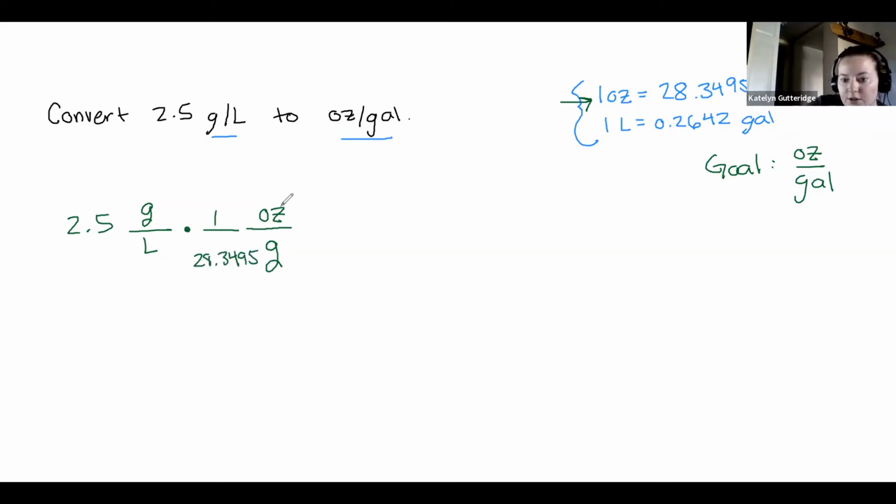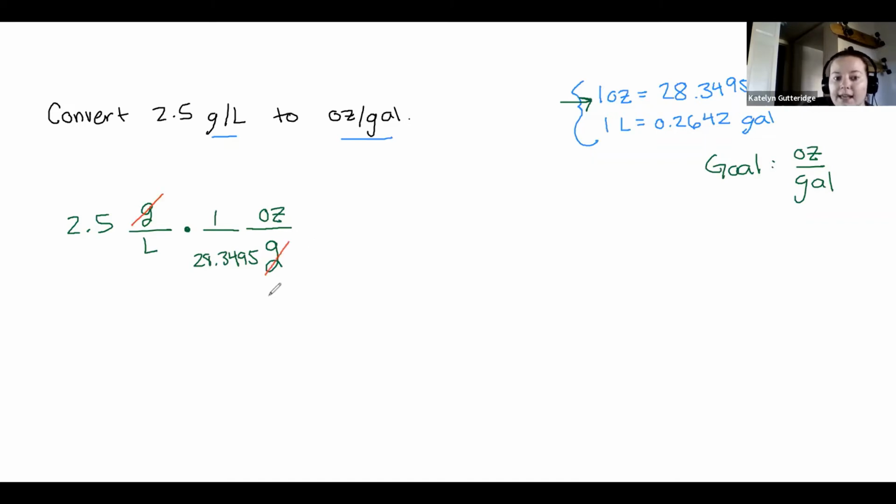Ounces in the numerator, so I put the 1 in the numerator with the ounces. Grams is in the denominator, so I put 28.3495 in the denominator with the grams. Notice how the numbers are staying with their units. 1 stayed with ounces, 28.3495 stayed with grams.